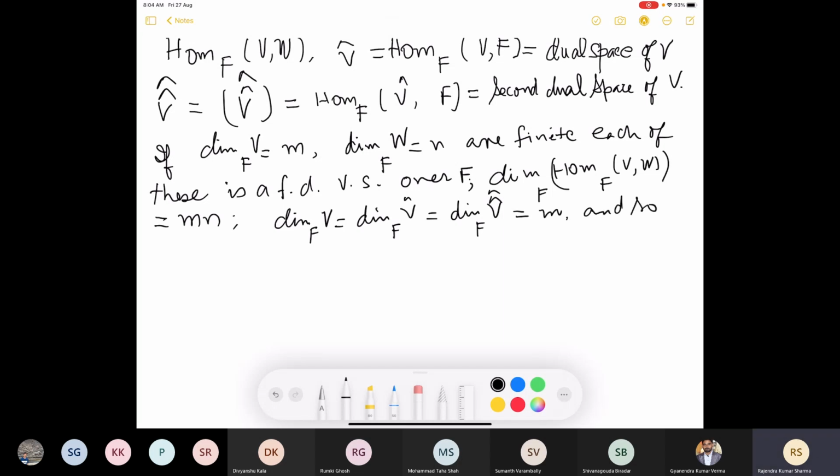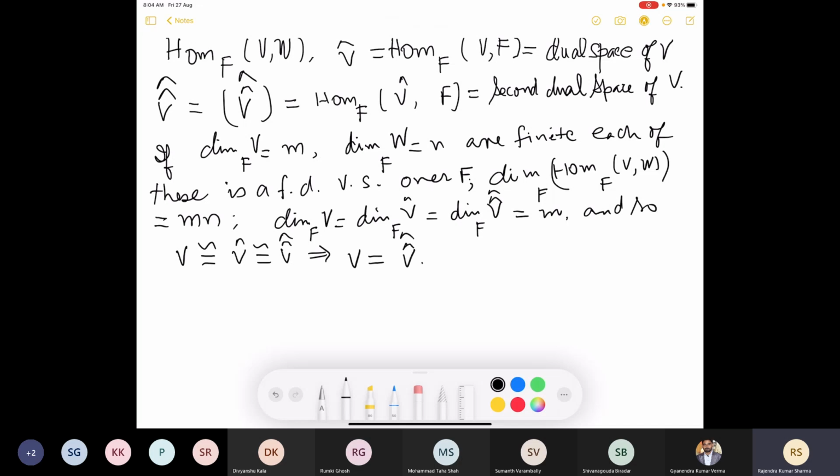And so V is isomorphic to V hat, which is also isomorphic to the second dual V hat hat. And in particular, this gave that V is isomorphic to the second dual.